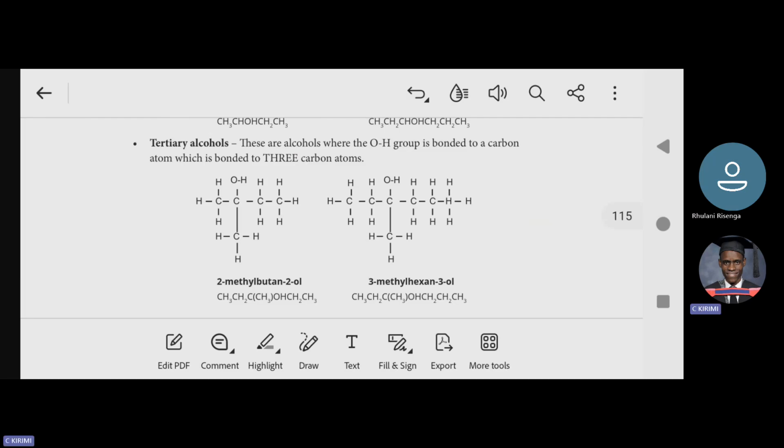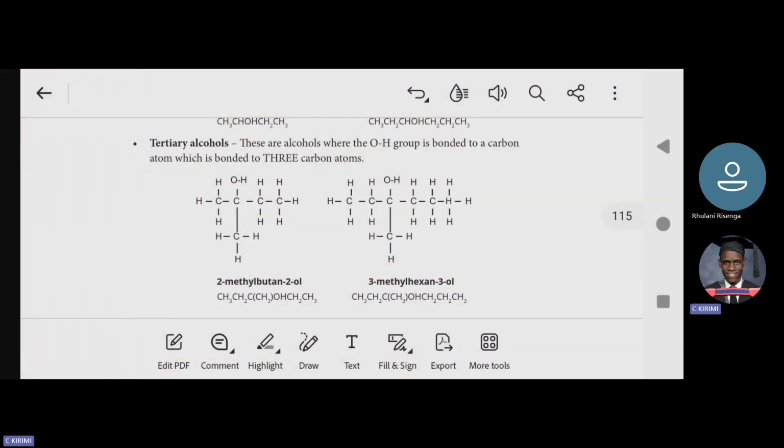So 2, you name the methyl. Which one starts first: the substituent or the position of the OH? What comes first? The substituent. The alkyl substituent comes first. So first you mention the alkyl substituent, then you say methyl butane.